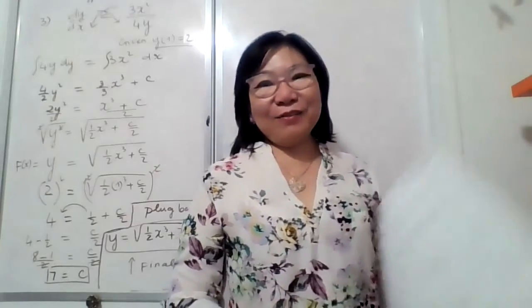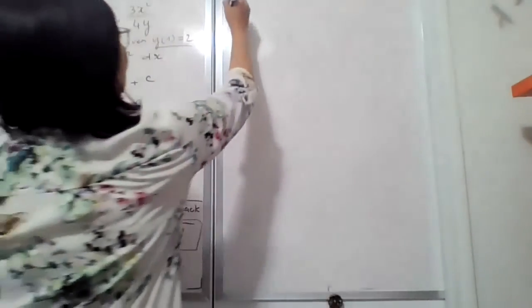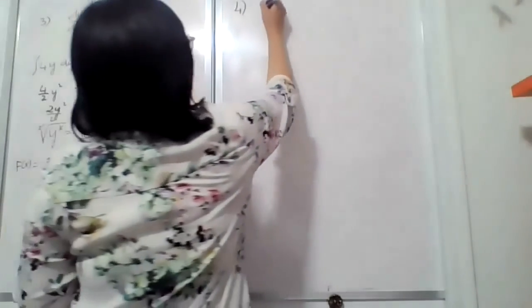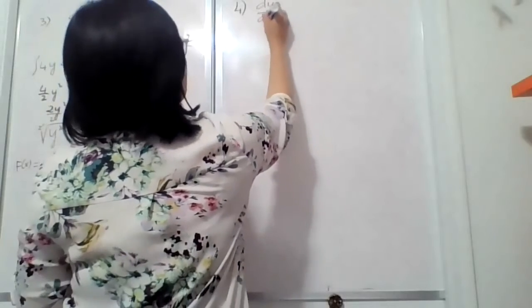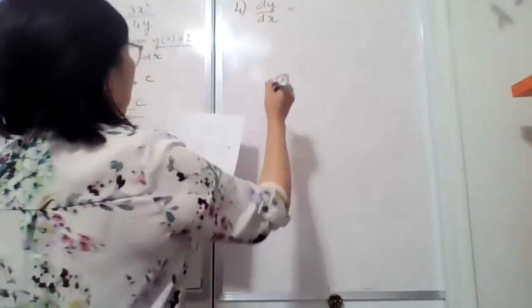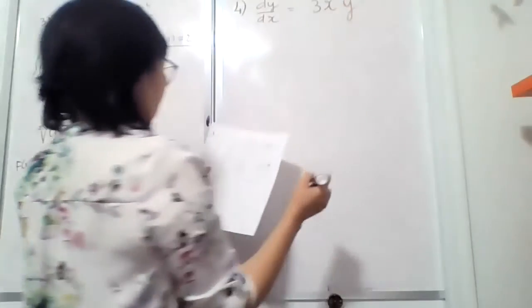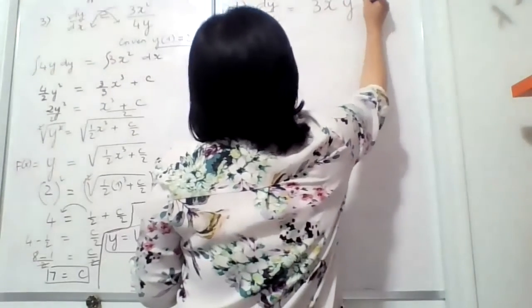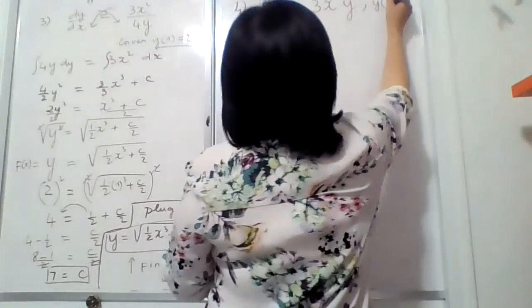Okay, so let's give you number 4. Number 4 is dy over dx equal 3x squared y, given y of 2 equal 1.